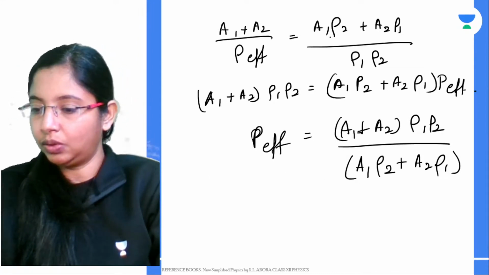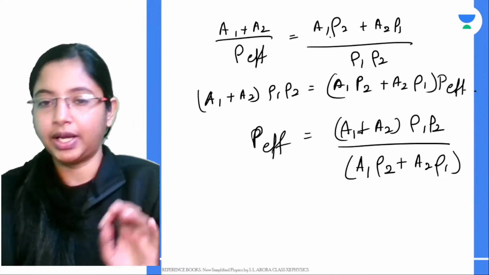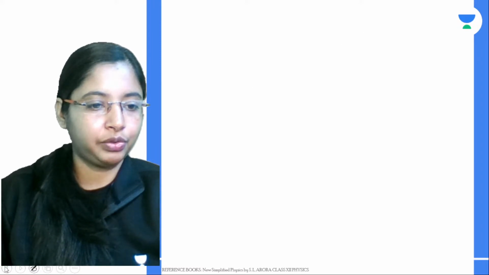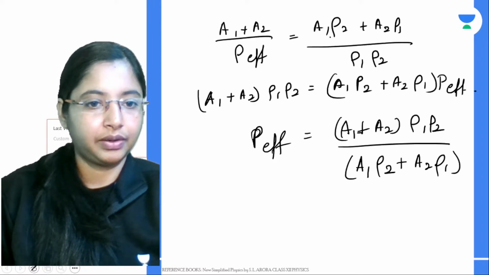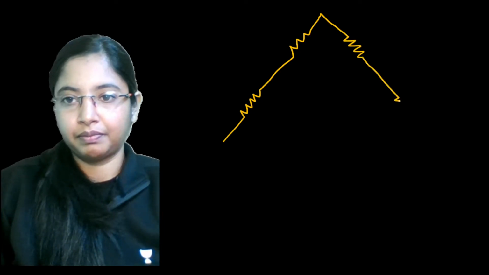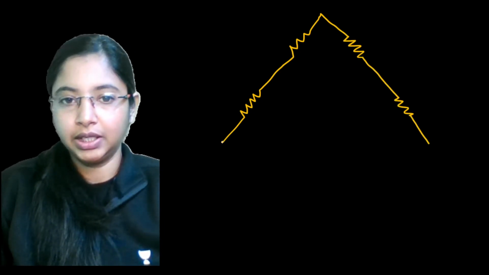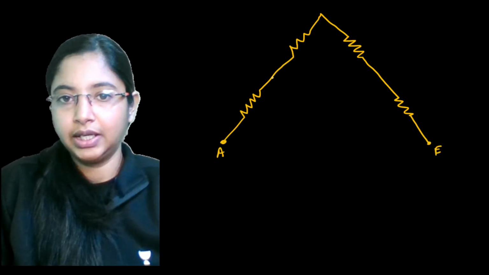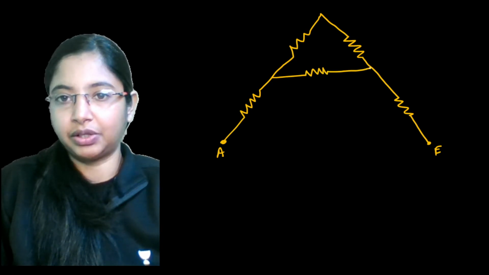All right, now with this note, let's try one more numerical. Let's say we have a resistance arrangement in the shape of the alphabet A. Let's say this is A, this is E, and across this also there is a particular resistor.